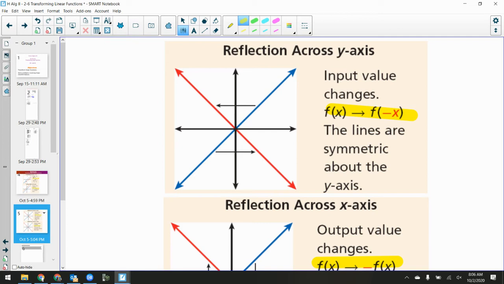So that's going to get us to g of x is, okay, look at the input value. It's no longer x, it's negative x. So it's 2 times negative x plus 3. I input negative x instead of just x. And that reduces to negative 2x plus 3.